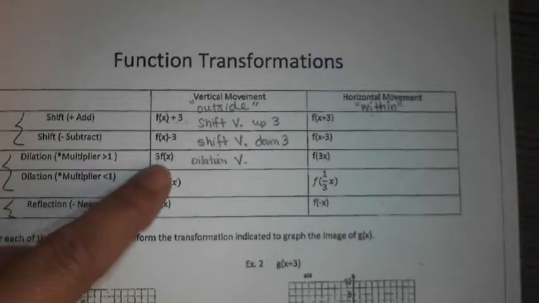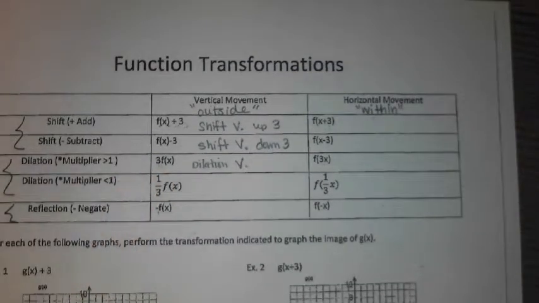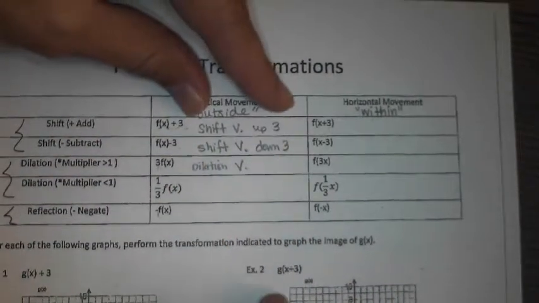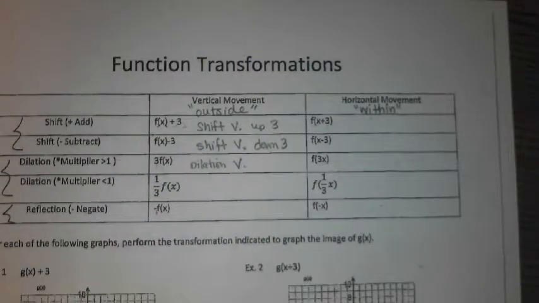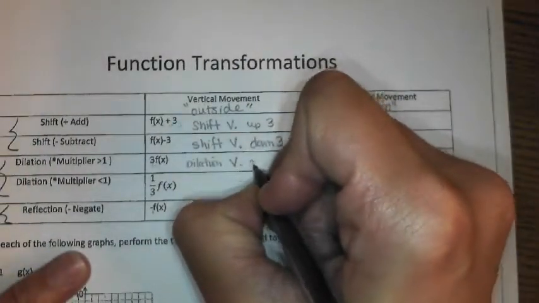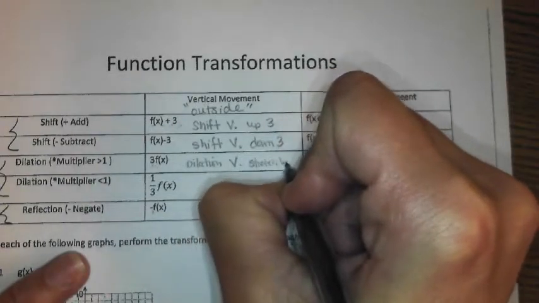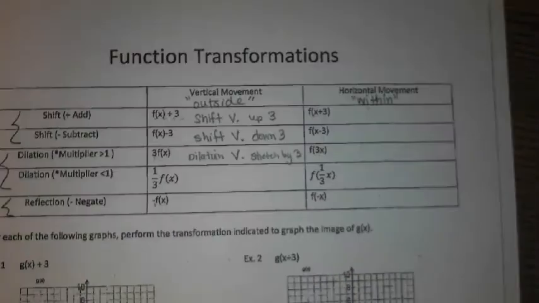And specifically, if you multiply by 3, do you think it stretches something vertically, or do you think it compresses something vertically? Stretches would make logical sense. So dilation vertically, stretch by 3. So everything becomes 3 times the size.